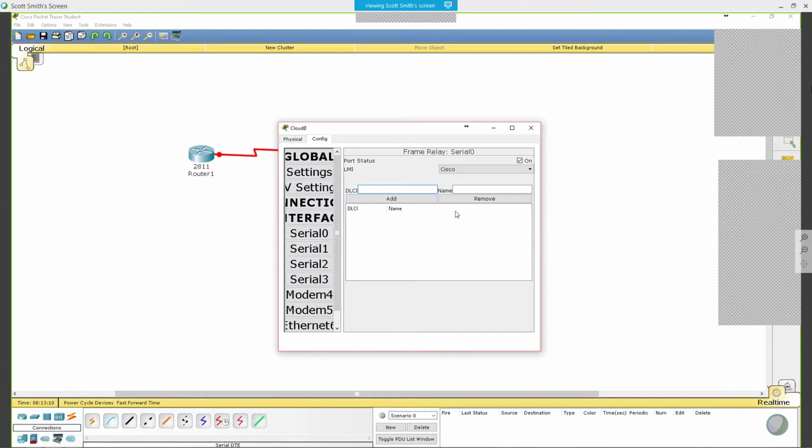DLCI 100, name left. LMI, let's go ahead and use Cisco. Add, and then DLCI 200, we'll call that right. Add that. Now I can go to my frame relay.